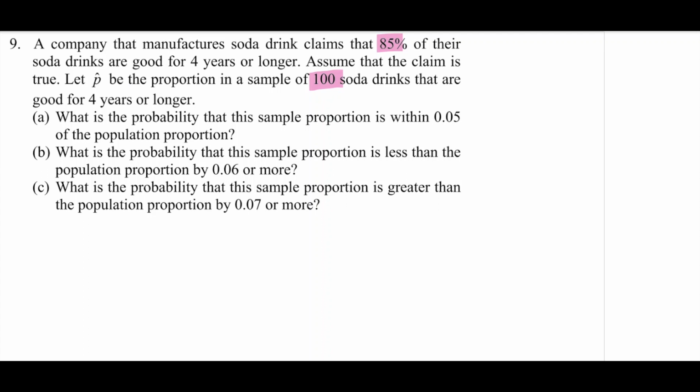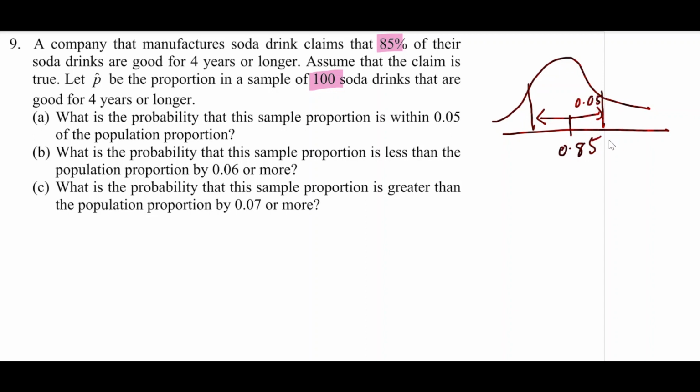Question A. What's the probability that the sample proportion is within 0.05 of the population proportion? Everyone knows that the population proportion is 0.85. So within would be plus and minus 0.05. 0.85 plus 0.05, you get 0.9, and 0.85 minus 0.05, 0.8.